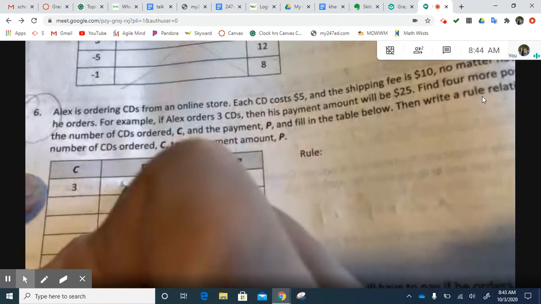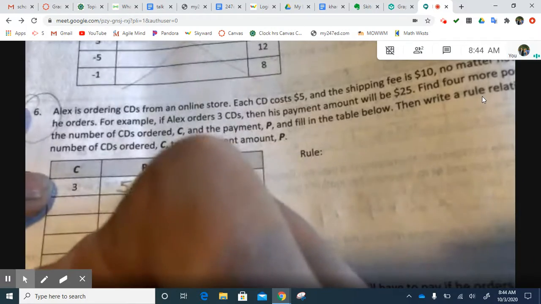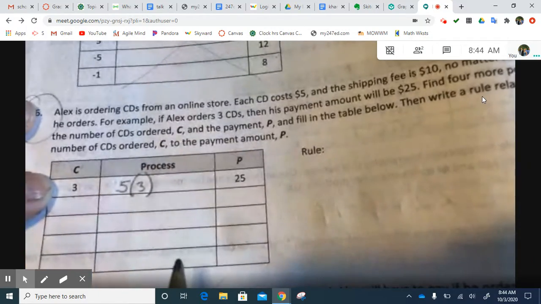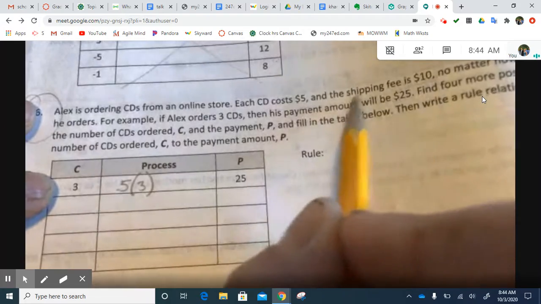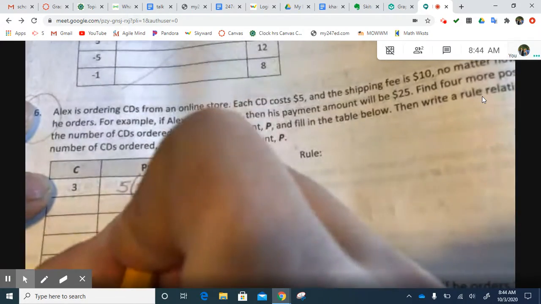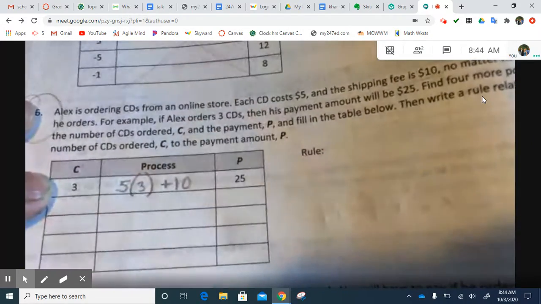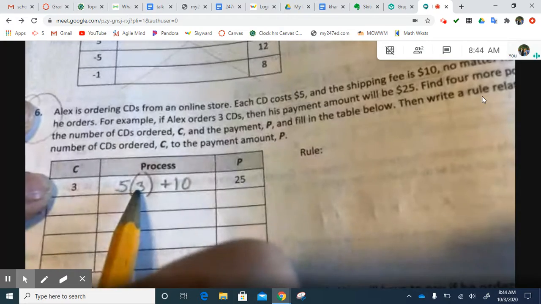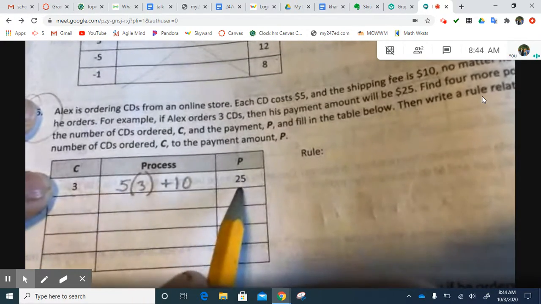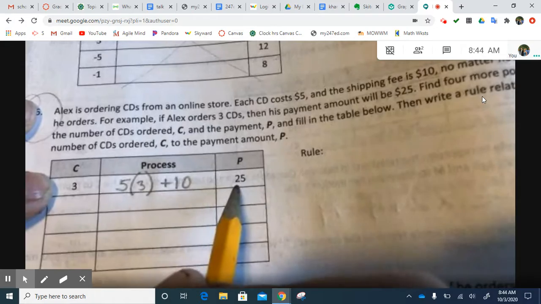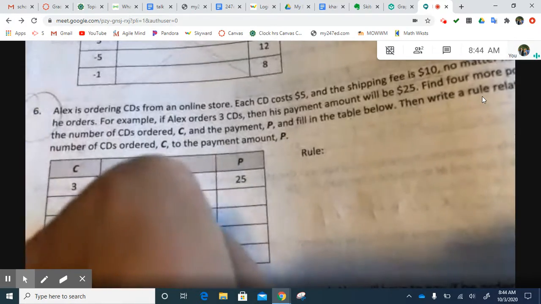So we're going to have 5 times our input of 3 CDs, and the shipping fee is $10. So $10 means plus $10. 5 times 3 is 15, plus 10 is 25. So that works. So pick some other numbers.